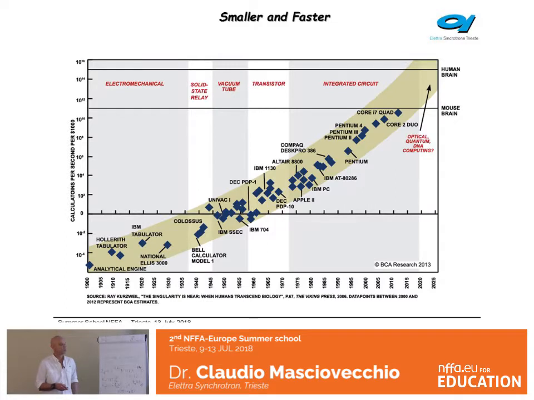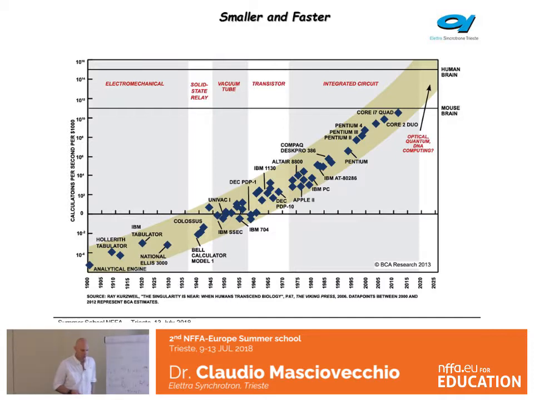So you see that even today, if you spend $1,000, you cannot even reach the number of operations that a mouse brain can do. Okay, if you spend more, for sure. But this is just to tell you that everybody in microelectronic device engineering is pushing towards smaller and smaller gates, just to put more information and get faster answers from your transistors, from your chip.